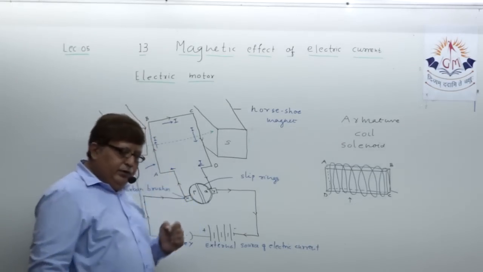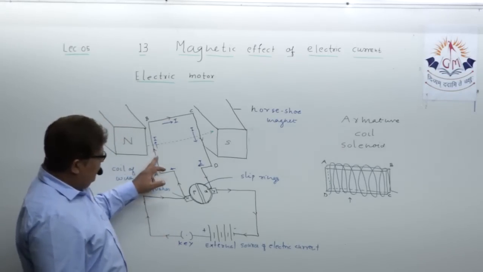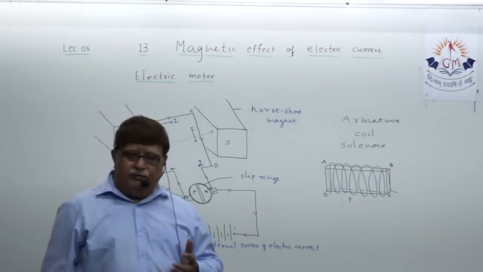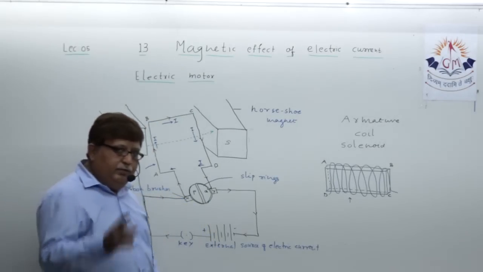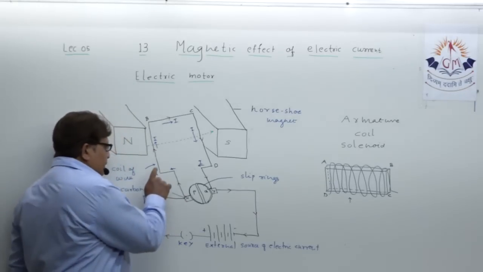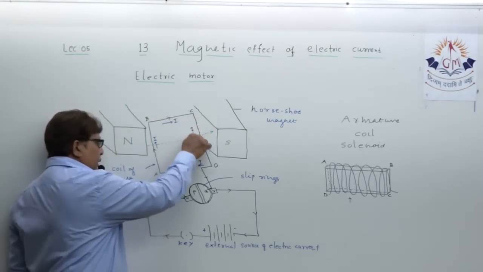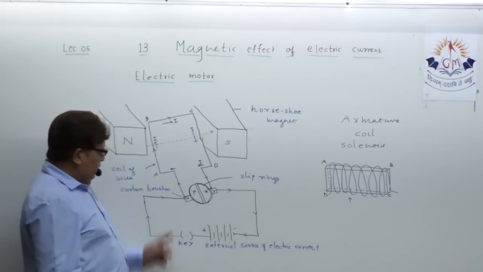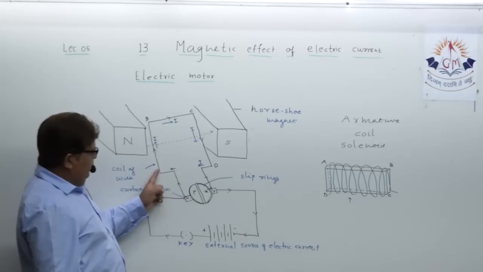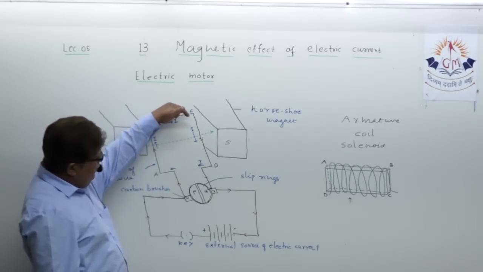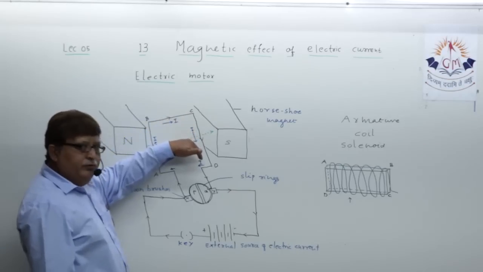So actually what happens here, in both the edges, AB and CD, you are seeing the directions of electric current are opposite. In AB, it moves upward, A to B. In CD, it moves from C to D.